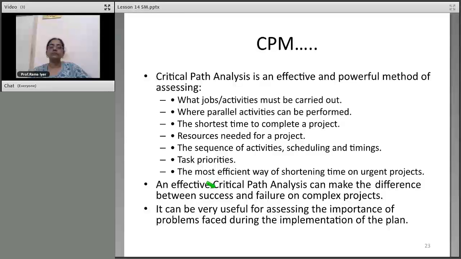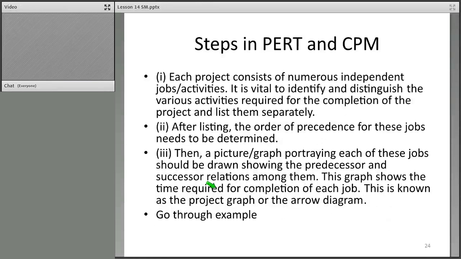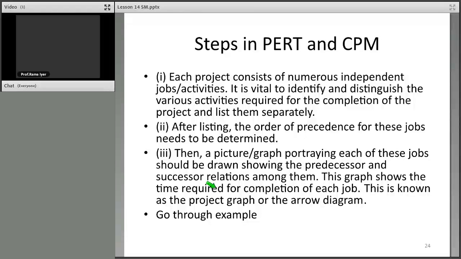Any question? So it's obvious that in a complex project, this can make the difference between success and failure, right? It's very useful for assessing which are those problem areas which can happen during the implementation, right?